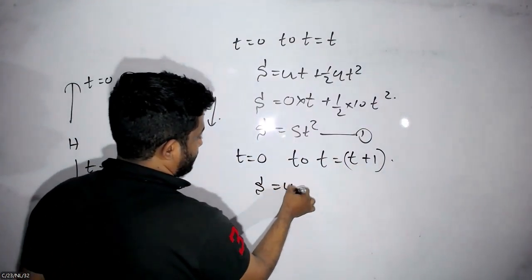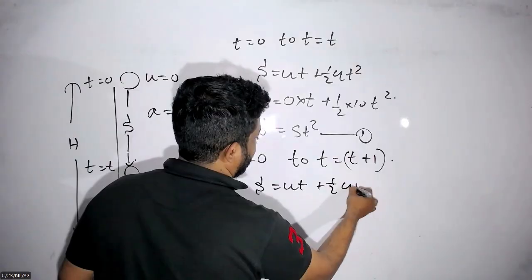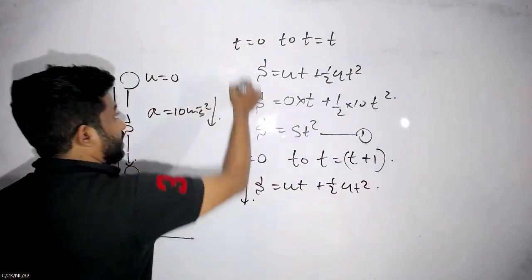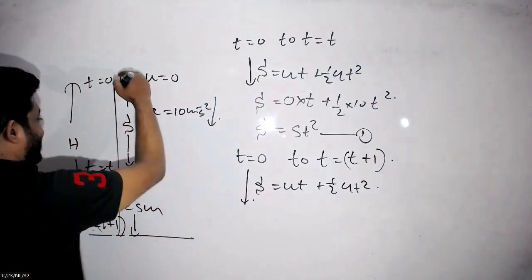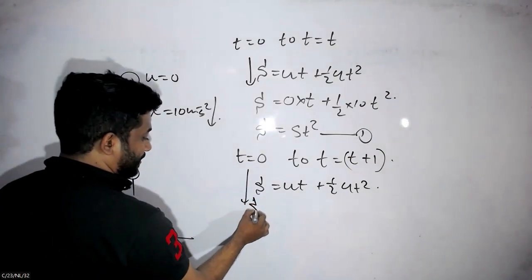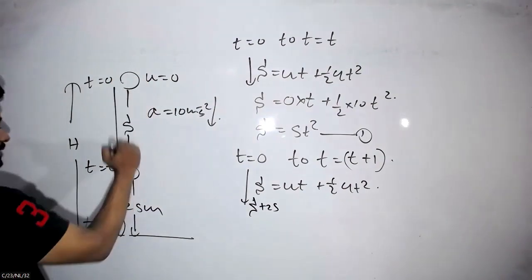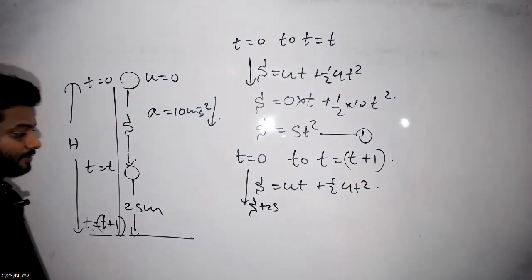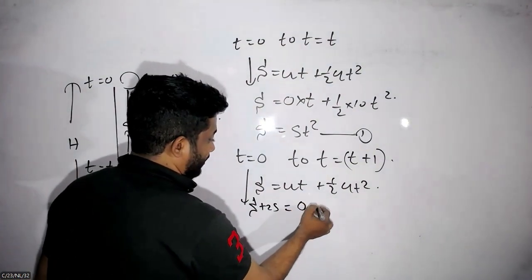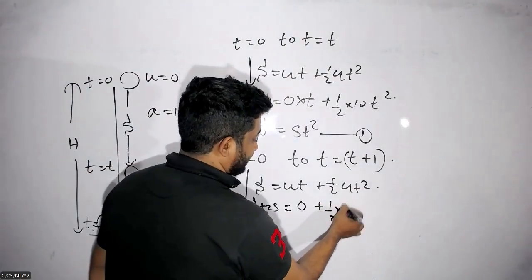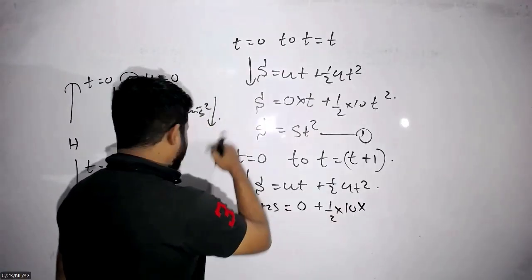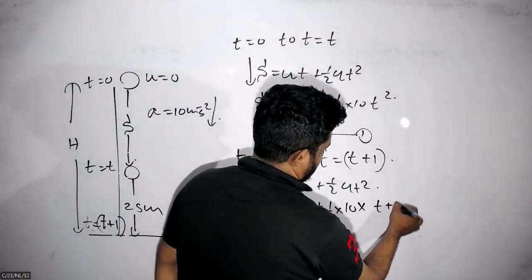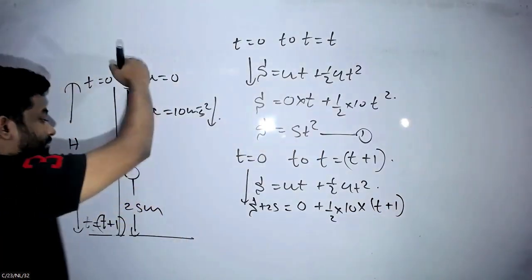s equals ut plus half at squared towards the downward direction. You need to mention the direction. Total displacement is s plus 25: from here to here s, then another 25 meters. Initial velocity 0, half into acceleration 10, time interval t plus 1. Here you have applied the equation for the entire motion.